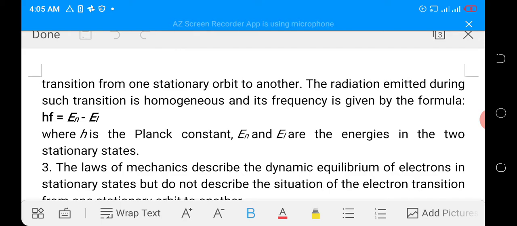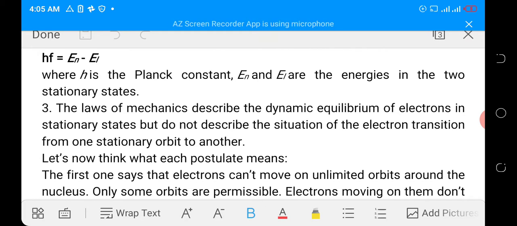And the difference between En and Ei is the energy radiated. Number three, the laws of mechanics describe the dynamic equilibrium of electrons in stationary state, but do not describe the situation of the electron transition from one stationary orbit to another.